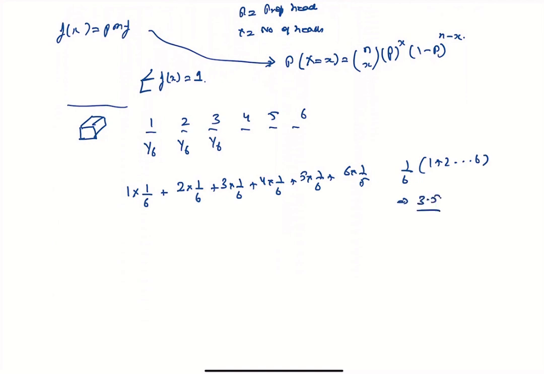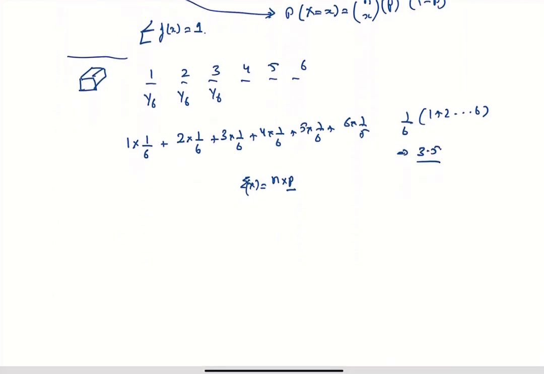So in essence, what it becomes is n times p, where p is the probability and n is the number of trials. The expected value of x becomes n times p. And this is also very intuitive.